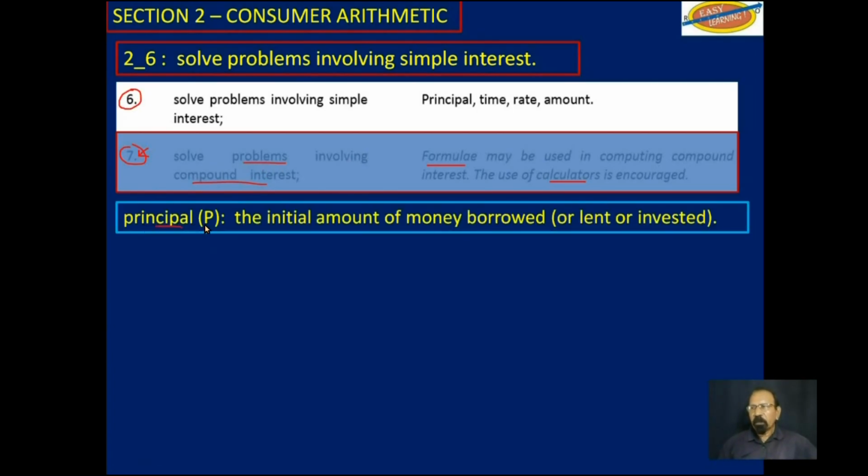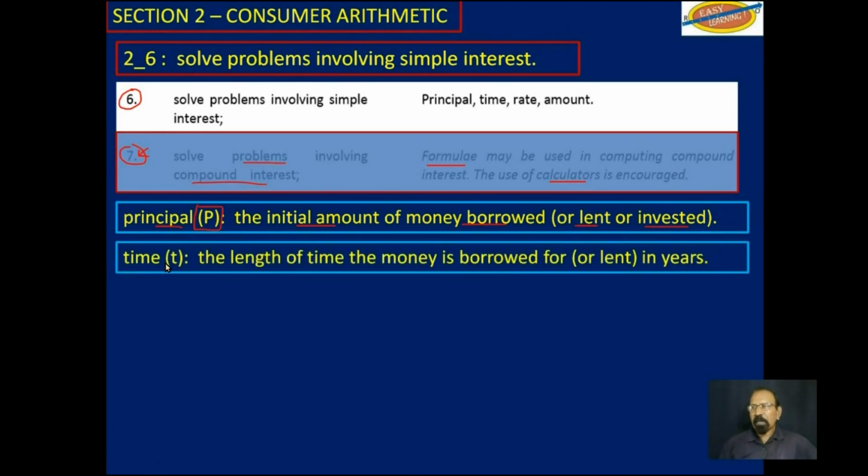Well, principal, which is designated capital P, uppercase P, is the initial amount of money borrowed or lent or invested or deposited in a fixed account. It has to do with the initial amount of money. Time, T, lowercase t, is the length of time the money is borrowed or lent or invested, and that time is counted in years.